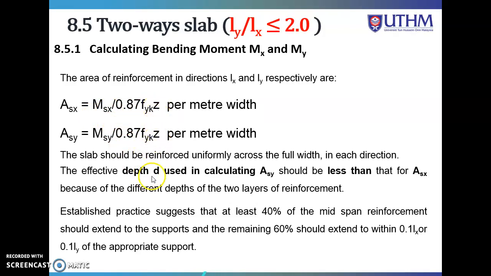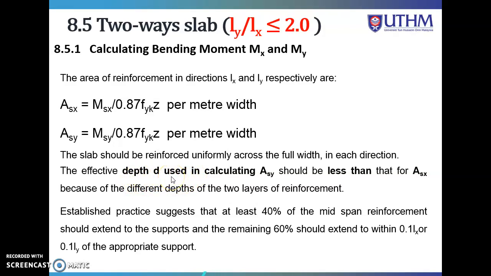Tapi nak kira Z ada kaitan dengan effective depth. So Z ada kaitan dengan effective depth. So maksud kat sini, Asx, Asy will have different effective depths. Okay, maksudnya location dia.